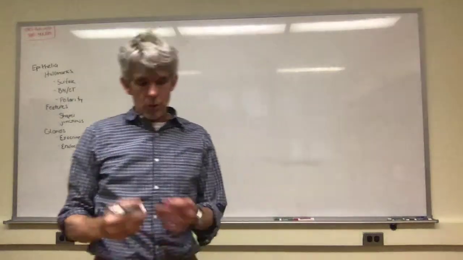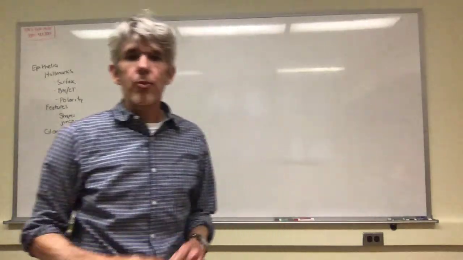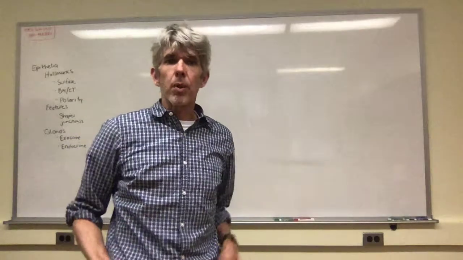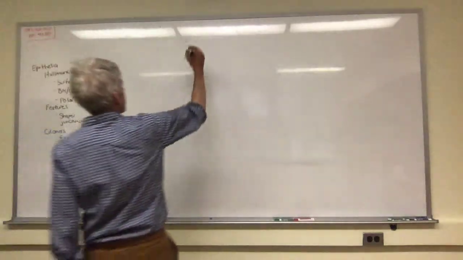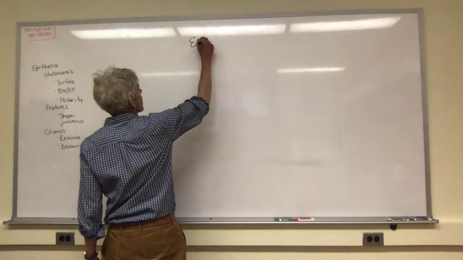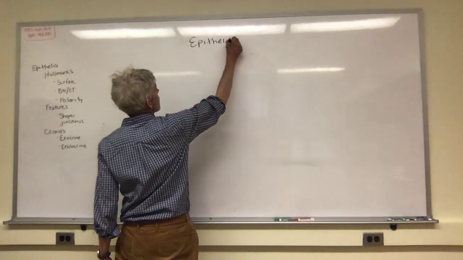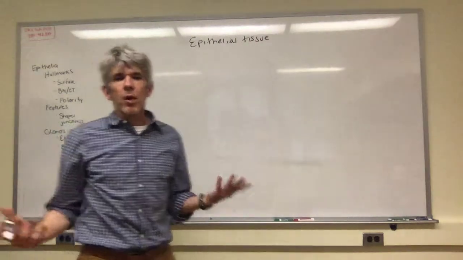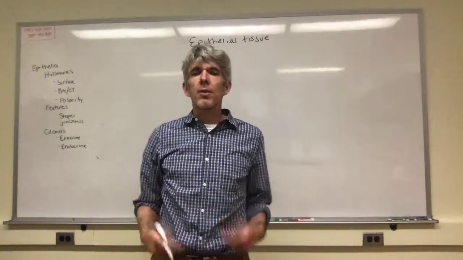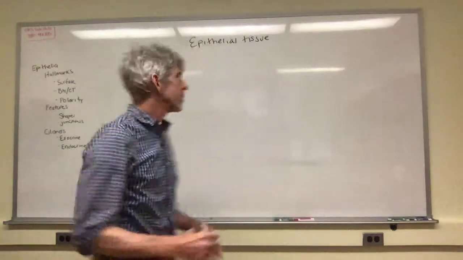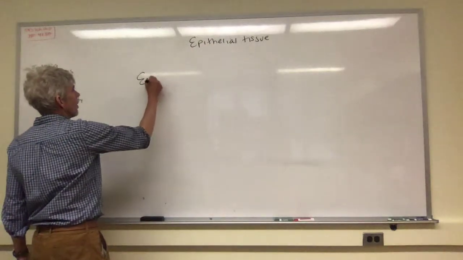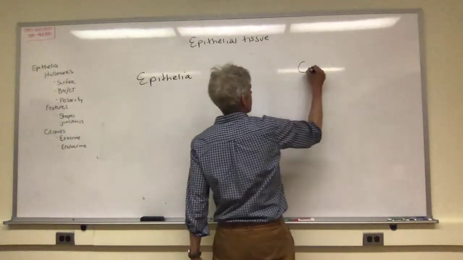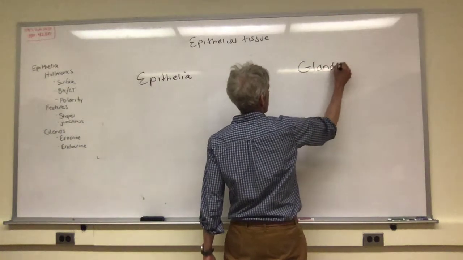All right, part two of epithelia. I want to address a concept in the book that I think is a little bit awkward. The book divides epithelial tissue into two kinds of structures: epithelia, or epithelium in the singular, and glands.